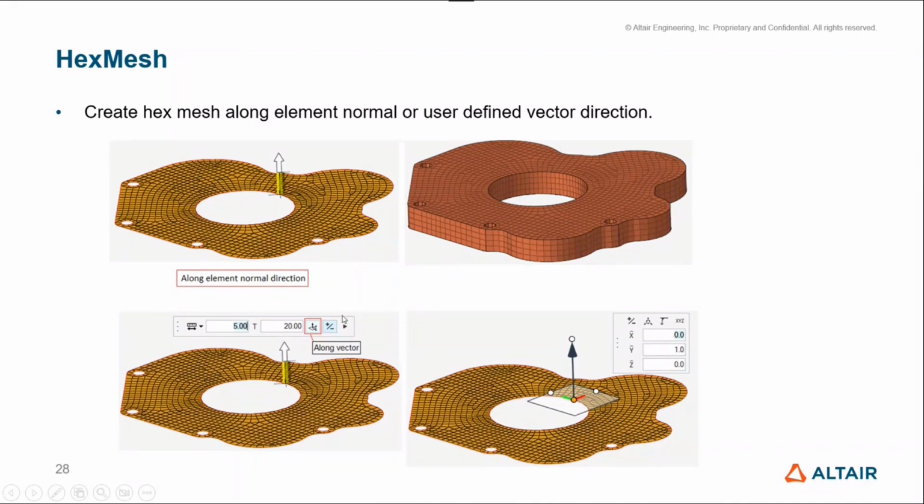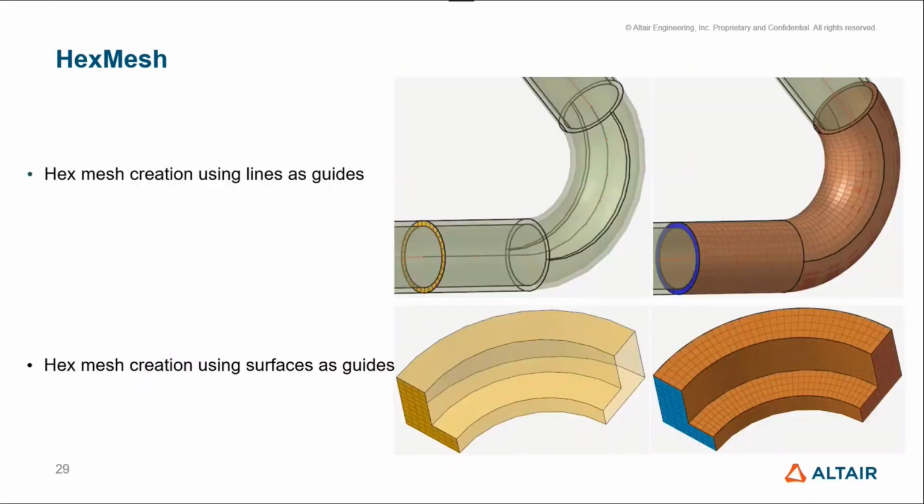The next option is to flip the normal direction. The user can click on this to drag in the opposite direction of the normals, and also align to the global XYZ or custom direction, or the user can key in the value of XYZ to get the mesh. So this is the one.